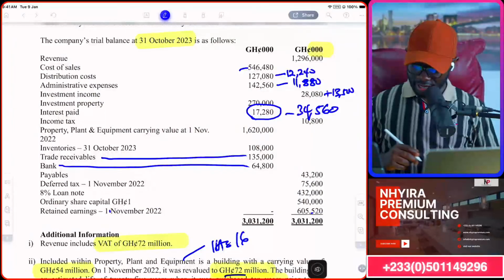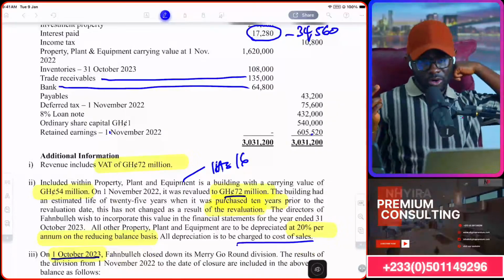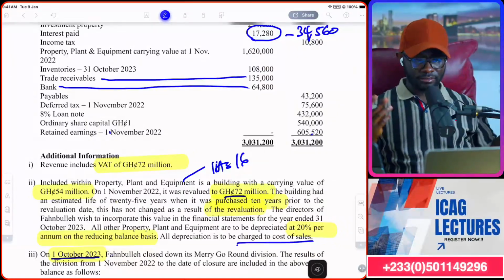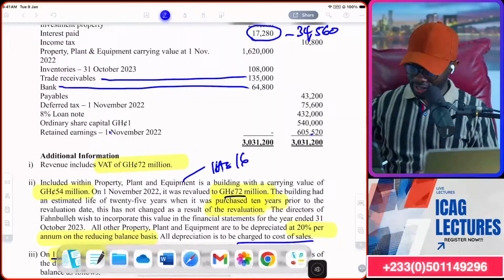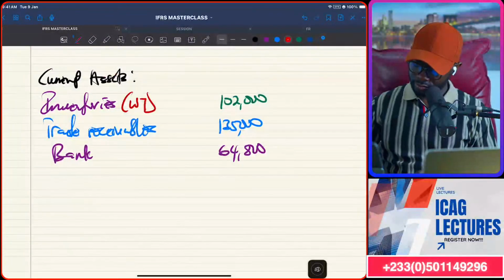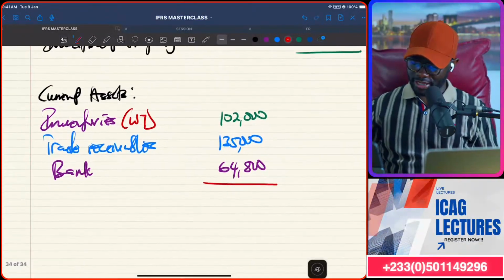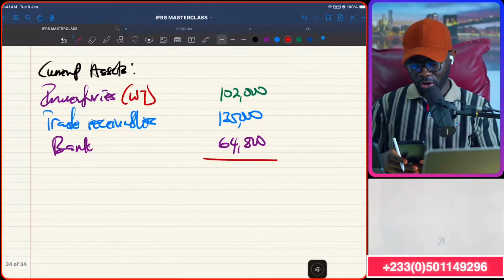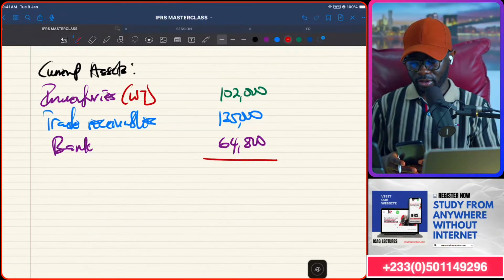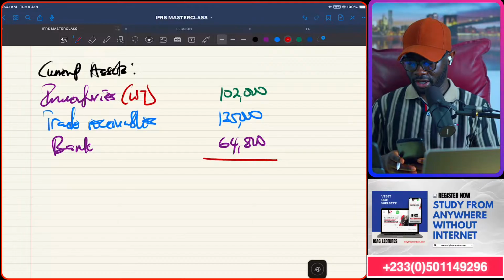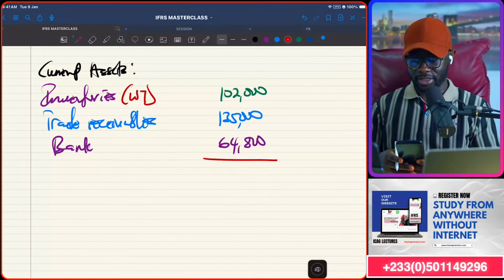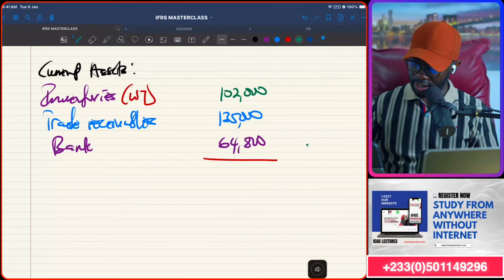And I think that is all. There were no prepaid expenses and others, so that is all. So let's add the pieces together now. 102, 123, 135, 123, 64,800, and that is 301,800.